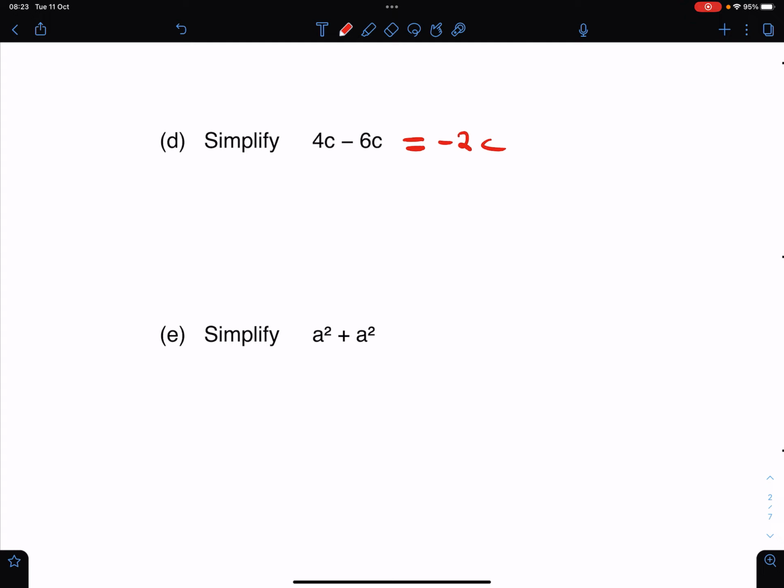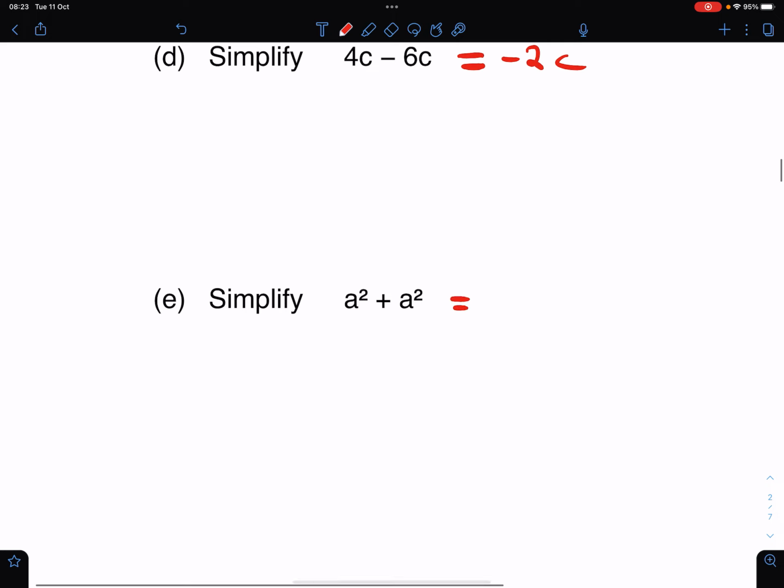You're going to be super careful. Guys, many students write this as 2a to the power of 4. But this is completely wrong. We can add the powers when we are multiplying them, but they're supposed to be the same base as well, okay? So even though they have the same base, a, when we are adding them, we cannot add the power.